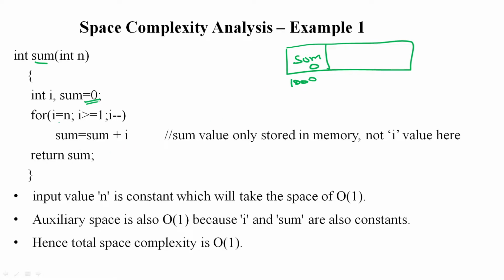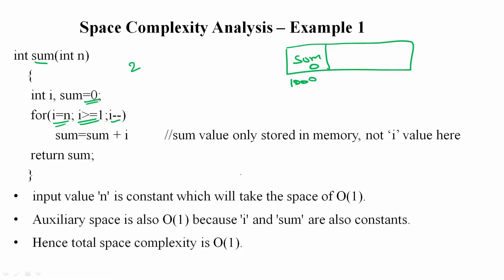Then we have one more variable, i equal to n, i greater than or equal to 1. So here we can say n equal to 2. So here the condition 2 greater than or equal to 1 is true, then i decrements. Now the sum is calculated for value 2.